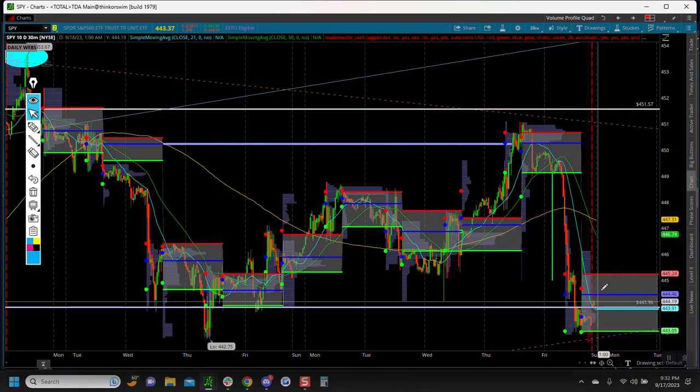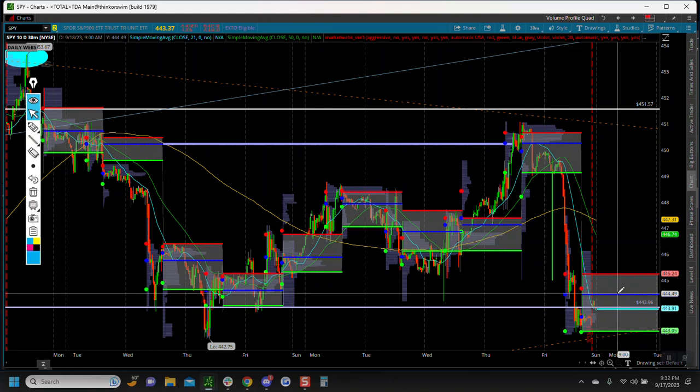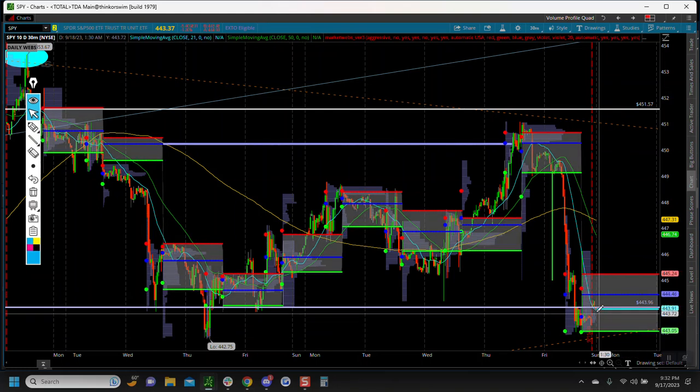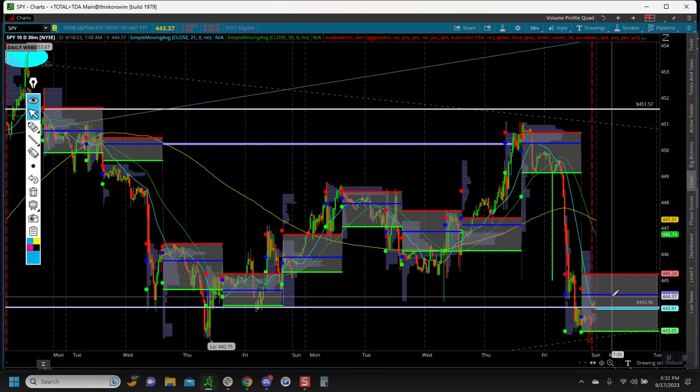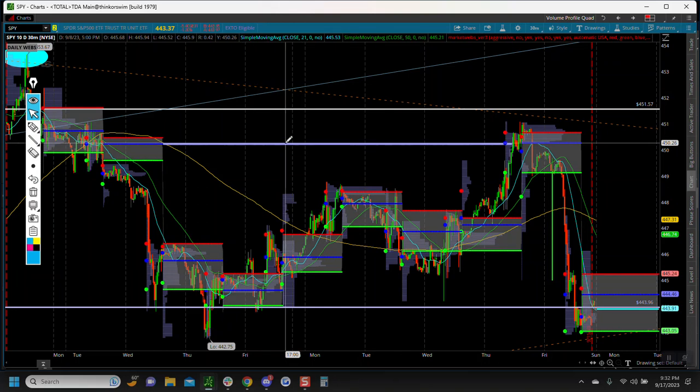Okay. So our volume point of control, we know going into tomorrow is still above us. So if we gap down or if we stay down here and don't back test this, the 444.46, then that's going to be a new untested volume point of control to the upside. So that's the primary thesis going into tomorrow.